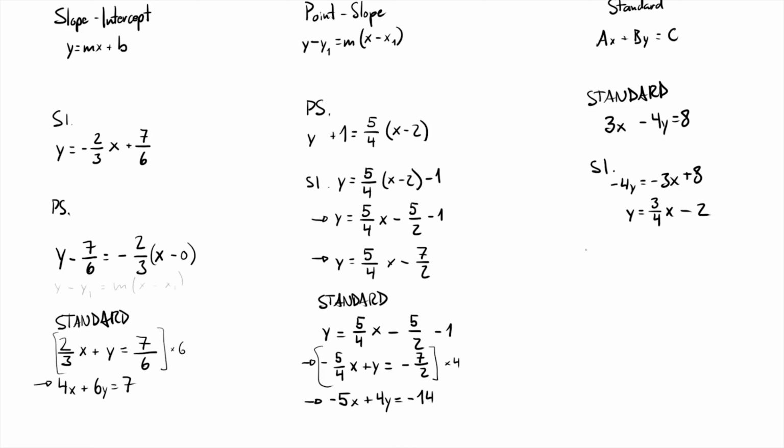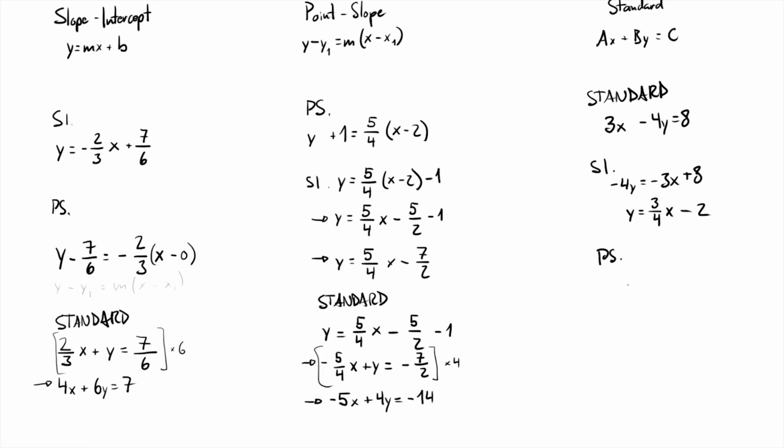Okay? And so we get y is equal to 3 over 4x minus 2 for our slope-intercept form. And then finally, we need our point slope. So again, in point slope, we're trying to get y plus a constant, or y minus a constant, equals m times x, or m times x minus another constant.